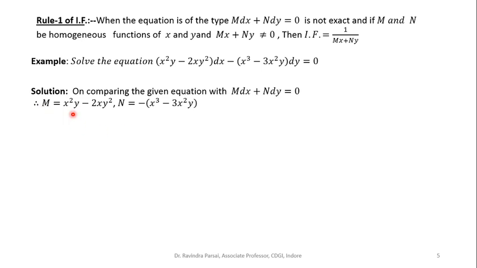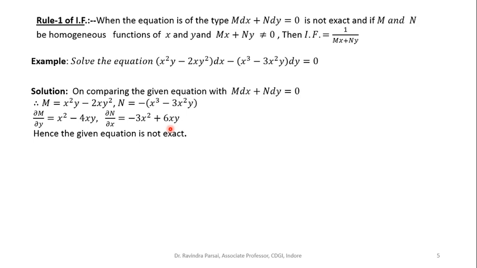So the differentiation of M with respect to y will be x square minus 4xy, and the differential of N with respect to x is minus 3x square plus 6xy. Therefore you will understand clearly that both are not equal. These two derivatives are not equal, that is, the equation is not exact.